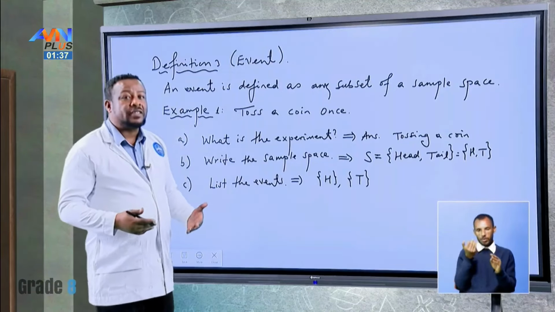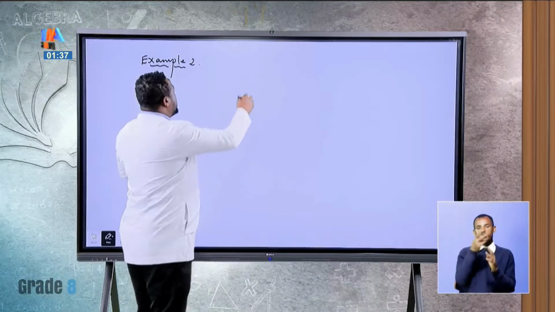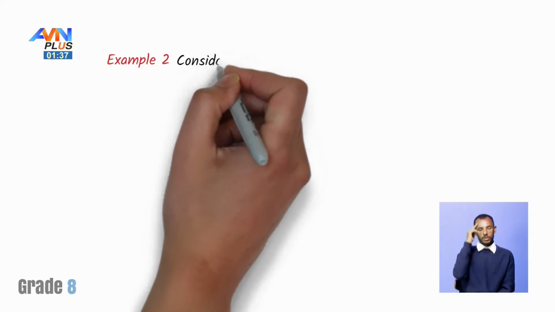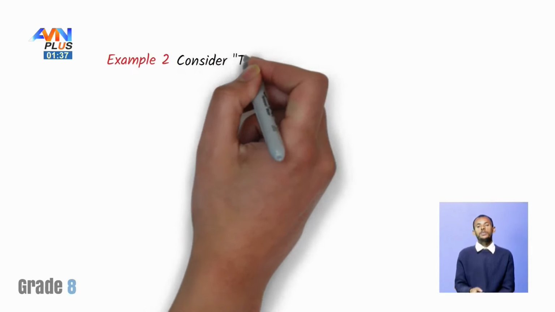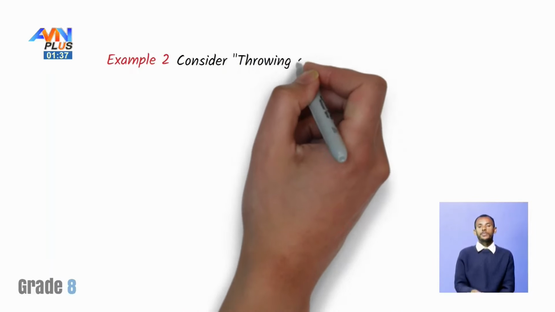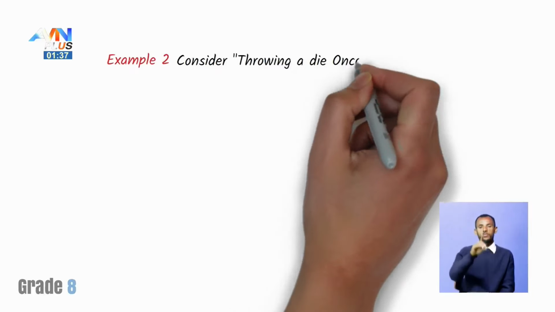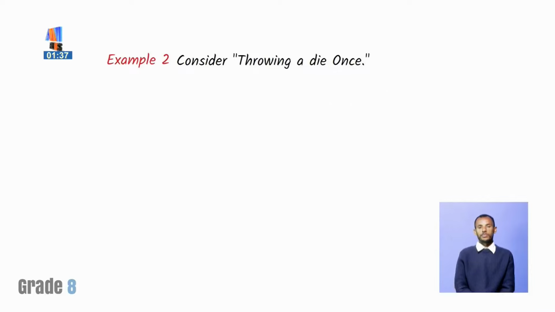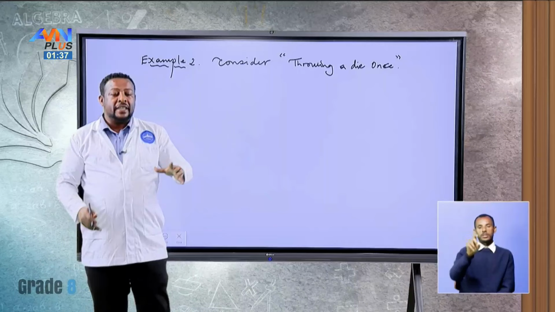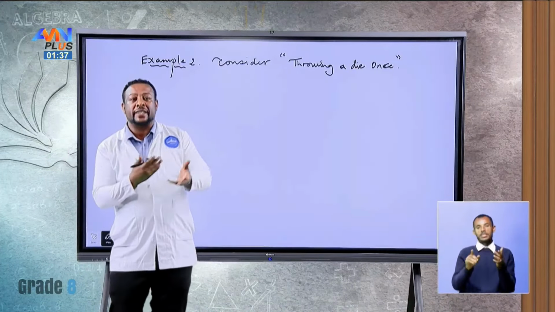Now let's take another example so that you can understand the definition of terms. Consider throwing a die once. Before writing the questions, a die is a cube with different numbers of dots on each face.